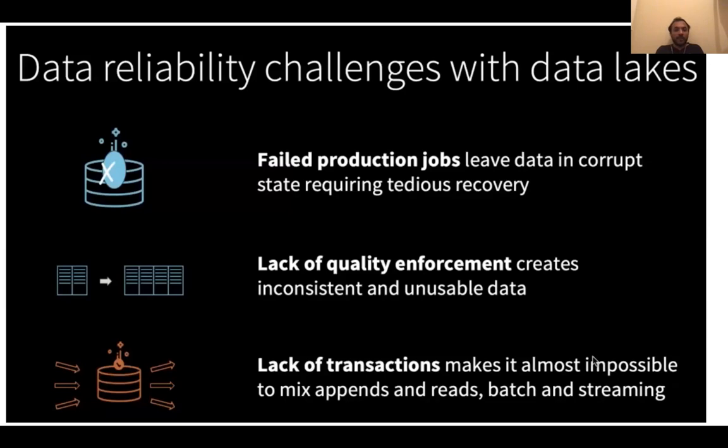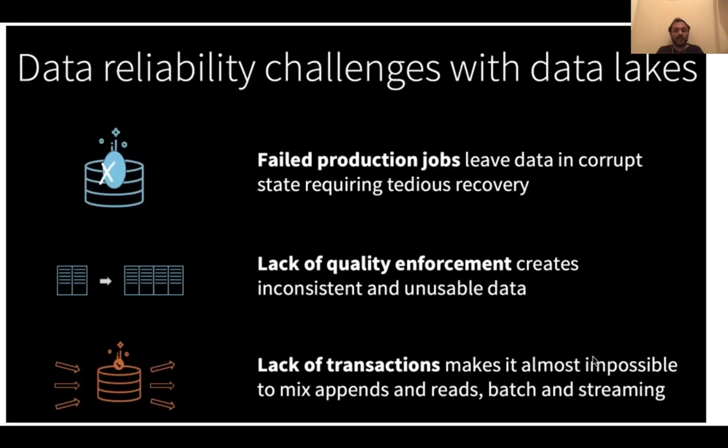Lack of quality enforcement creates inconsistent and unusable data. If you have a downstream job that requires 5 columns and only 4 columns are written to HDFS, then the downstream job won't be able to read it. That can be a Spring microservice, a Node.js microservice, anything, right?